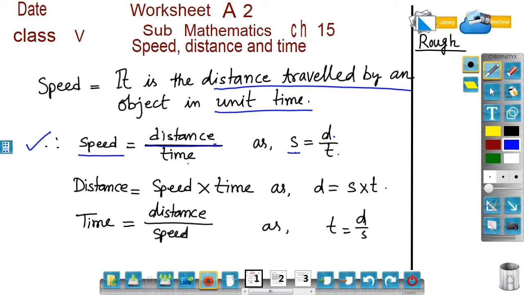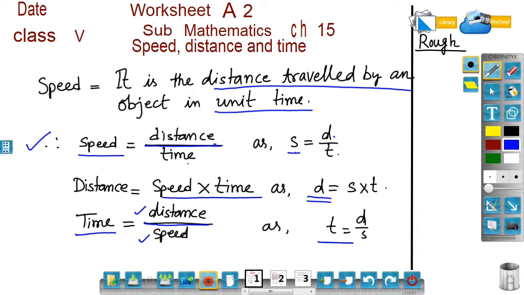Now in this rule the distance travelled by an object can be measured by multiplying the speed and time. By multiplying speed and time, we can find the distance. In a similar manner, time can be found by dividing the distance by speed. That means distance by speed gives the value of time taken.